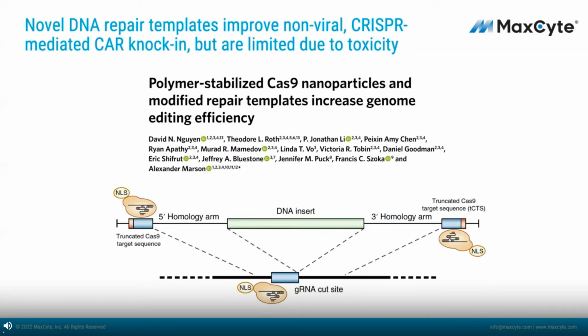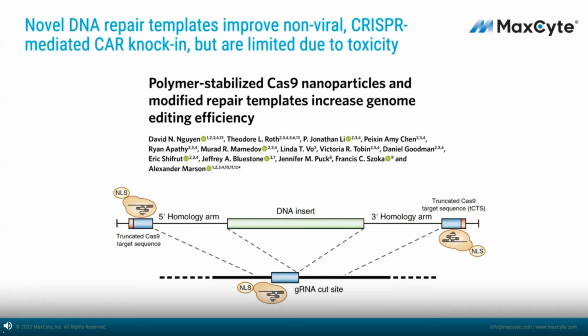Now, many groups have been working on ways to increase this efficiency, as I mentioned, in order to get it closer to viral integration. And one of these groups is the group of Alex Marson at University of California, San Francisco. In 2020, the Marson lab released a paper showing the use of modified repair templates that allowed increased HDR efficiency for the knock-in of CAR constructs in primary T cells.